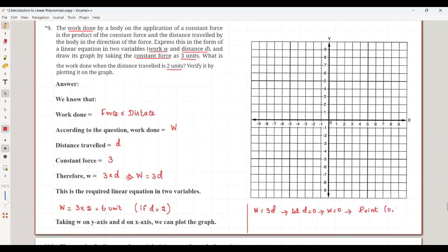Next, I can take D is equal to 1. D is equal to 1 means W is equal to 3 into 1, which is 3. Therefore, the point will be 1, comma 3.